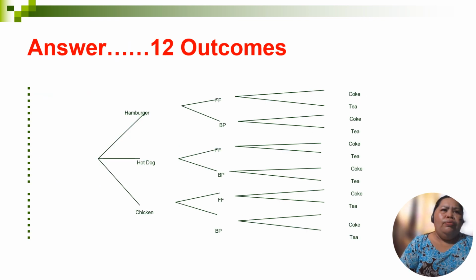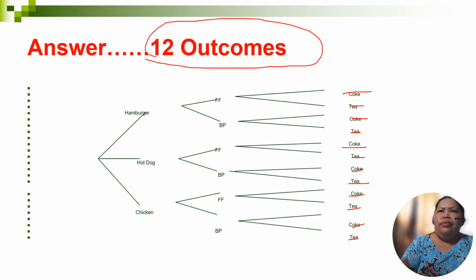Of course, we start from hamburger, hot dog, chicken, then French fries, baked potato, French fries, baked potato, French fries, baked potato. Of course, we have Coke here. As you can see, we have 1, 2, 3, 4, 5, 6, 7, 8, 9, 10, 11, 12. So we have 12 outcomes.